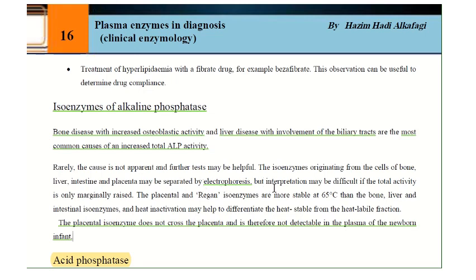But interpretation may be difficult if the total activity is only marginally raised. The placental and Regan isoenzymes, which we discussed previously, are more stable at 65 degrees centigrade than bone, liver, and intestinal isoenzymes.